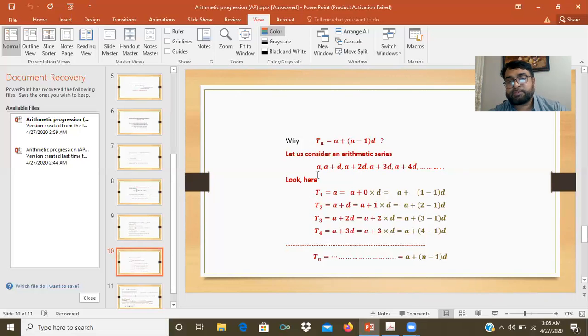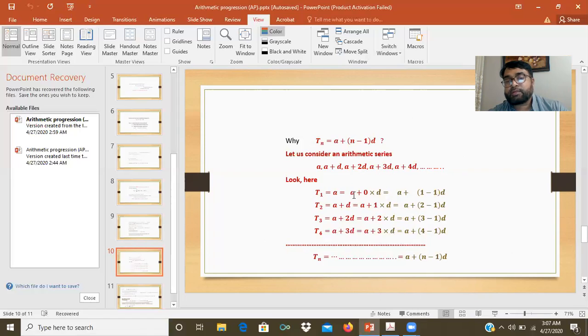Like the first term is a, the second term a plus d, the third term a plus 2d, then a plus 3d, a plus 4d. That means adding d again and again to the preceding term, we can find the successive terms. Now if we see the pattern, T1, the first term, is a.